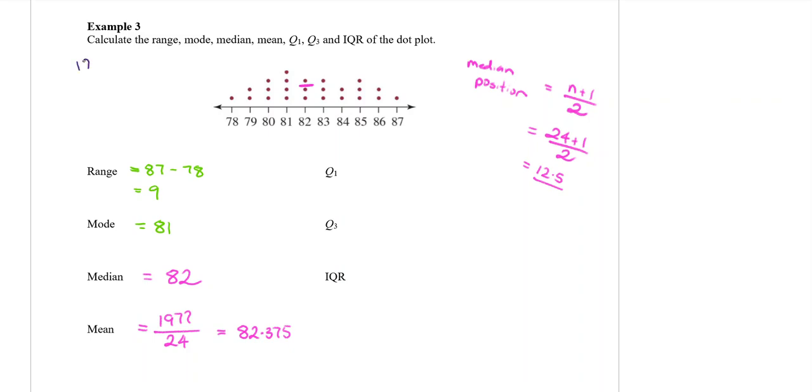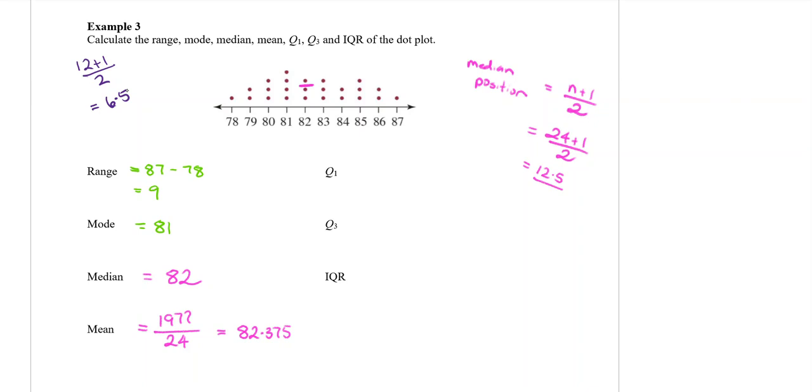Let's do 12 plus 1 over 2. That's that median position thing. 12 plus 1 over 2 makes 6.5. 6.5 is the position, remember. I need to find the 6th and the 7th dot, and it will be between them.